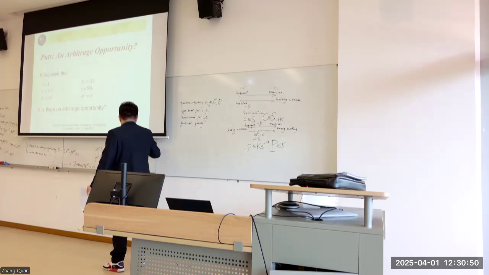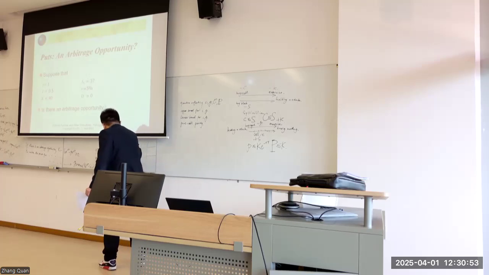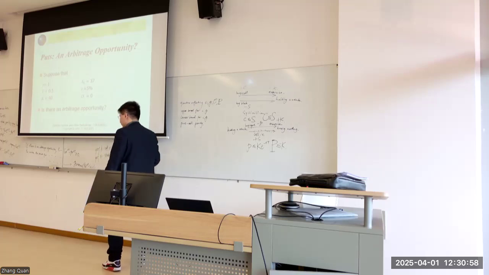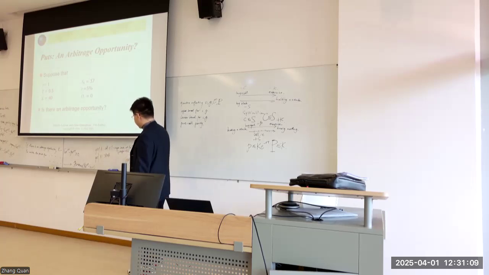Let's do a comparison like this. We are just considering the payout of this group. So this is portfolio A, portfolio B, ST larger than K, ST smaller than K. What is the outcome of B under this scenario?